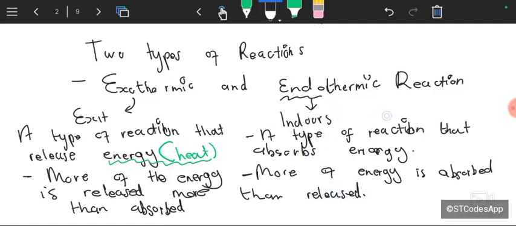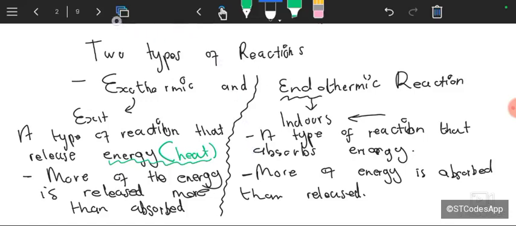Indoor meaning inside, so we keep it inside, to take something in. So indoors, endothermic. We can cram this part, no need to worry about that. It's not a train smash. As long as you're able to understand it, that's my aim. That's all you need to know for now.